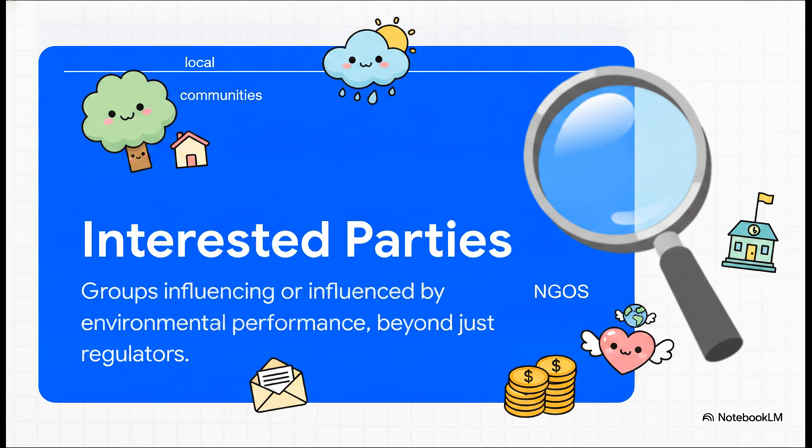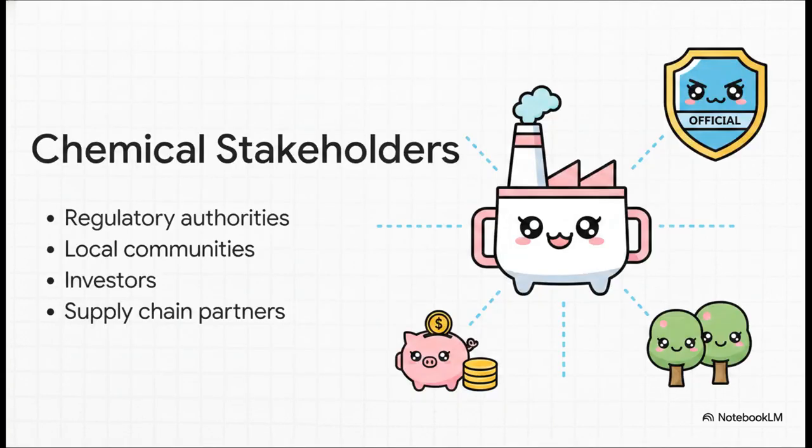But Annex A.4 explicitly broadens that scope. Interested parties now include local communities, investors, insurers, NGOs, and importantly, the expectations of all these groups are going to evolve over time. Take a chemical manufacturing plant, for instance. A basic run-of-the-mill audit might just verify that they've jotted down regulatory authorities on a list. But a strategic auditor?